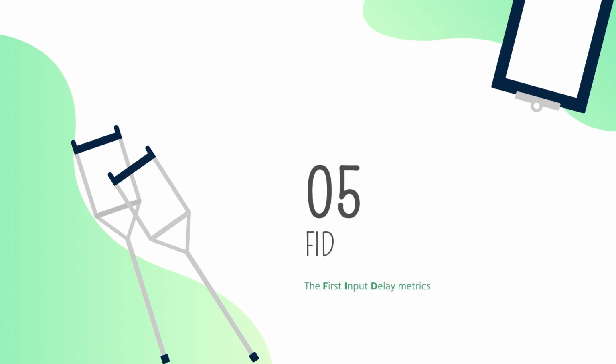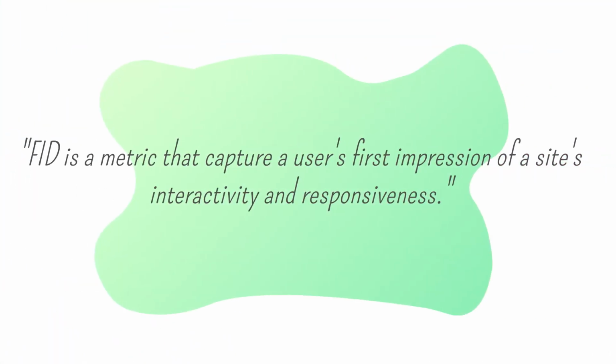So the last metric, First Input Delay. First Input Delay is a metric that captures a user's first impression of a site's interactivity and responsiveness. I think this definition is not very clear. I understand. So in other words, FID is the time between the moment when the user clicks on the button and the first line of JavaScript code is executed.